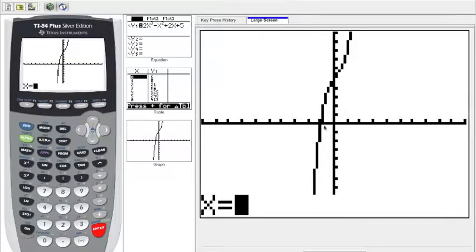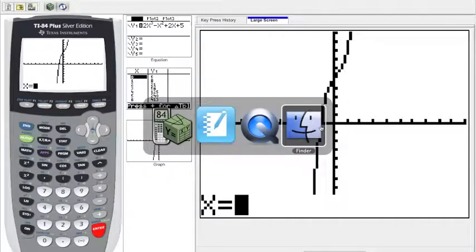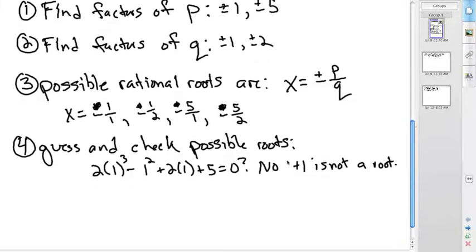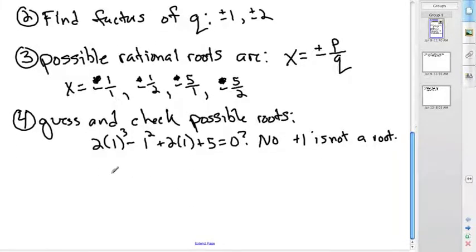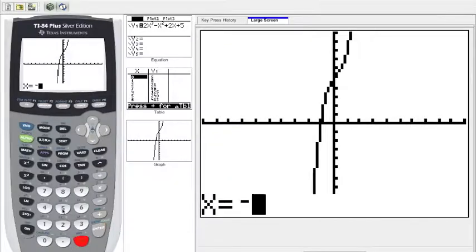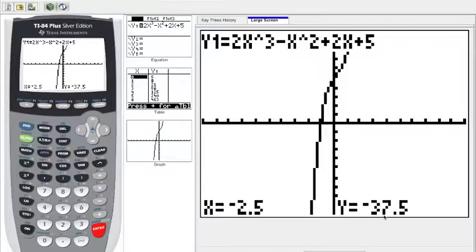So let's check the other possible roots. Let's check negative 5/2. Let's check x equals negative 5/2. So we're going to put in negative 5/2. And we're looking for 0 where it says y equals, and we don't get 0.